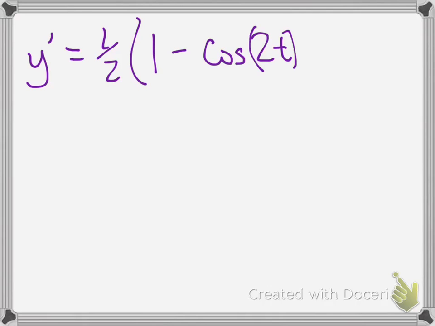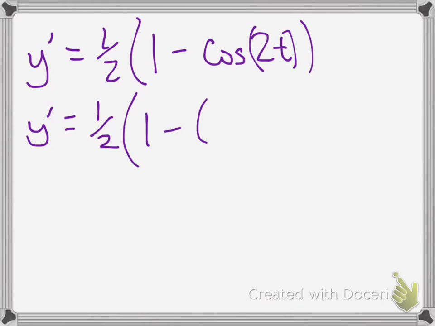Now, I'm not sure how well you remember your trig identities, and sometimes I wonder how well I remember them because I don't teach trig very often. So there may be one for the whole expression, 1 minus cosine 2t, but I'm going to use an expression for cosine 2t by itself.